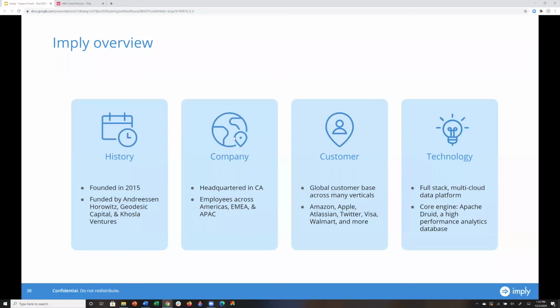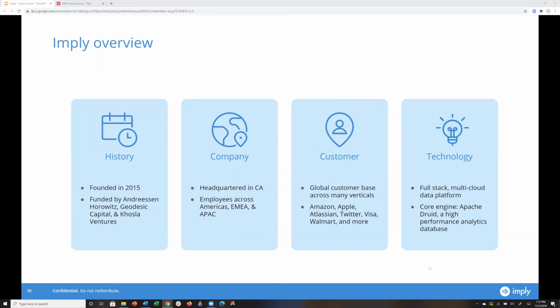Thank you, Brian. A little bit about our company here. We were founded back in 2015. The creators of Apache Druid are actually our founders who back then worked at Meta Markets, and they saw the potential to actually have Apache Druid be used on the commercial side of things.